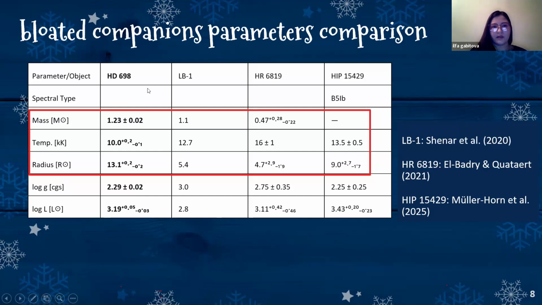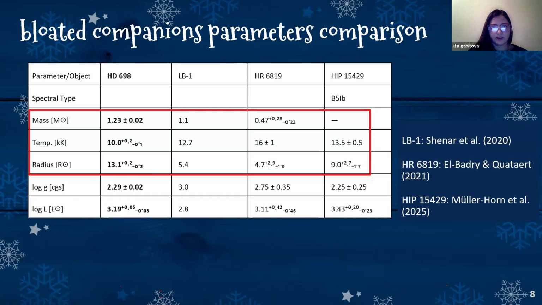We can also compare it with other previously published systems which show the same traits as HD698. From this class of B stars plus bloated companions or plus pre-subdwarfs, this new system is the coolest, and it has the biggest radius.